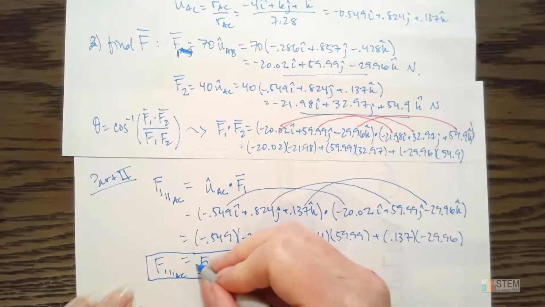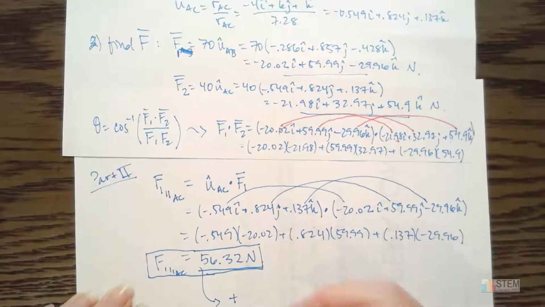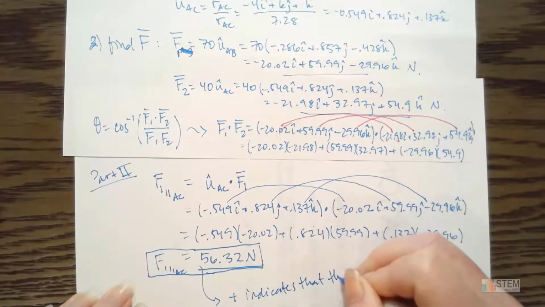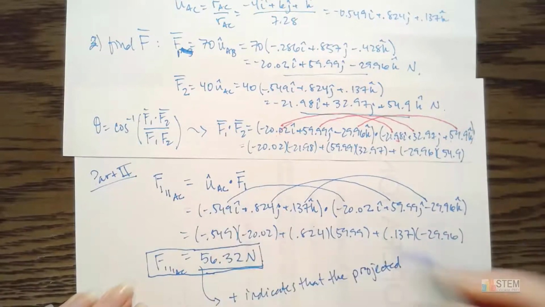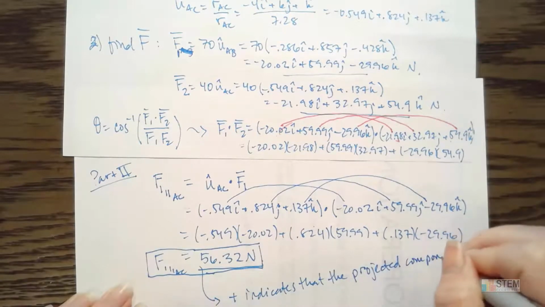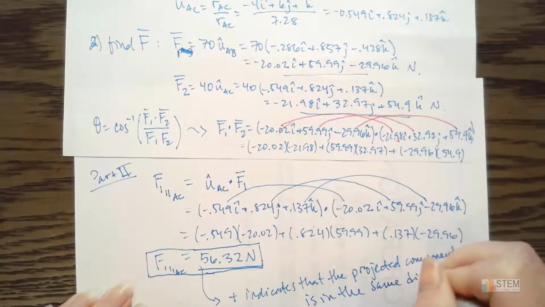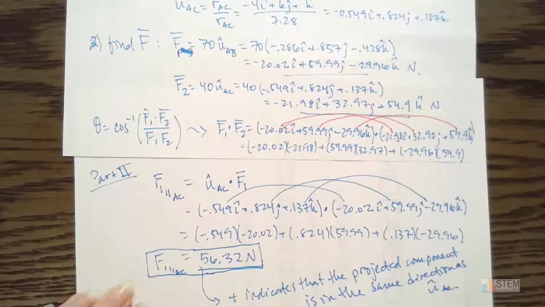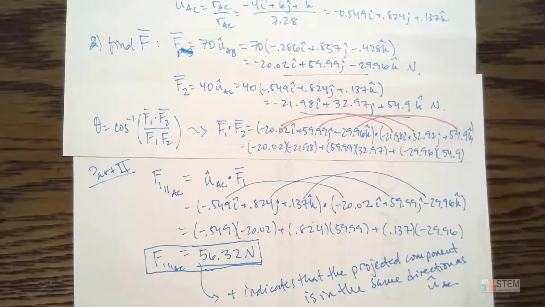All right, now notice when you do this, you get positive or negative. Okay, so this is positive. So positive indicates that the projected component is in the same direction as the unit vector AC. Okay, so that's what the sign indicates. So if we would have gotten a negative here, that would imply that it's in a different direction. It's going in the opposite direction.